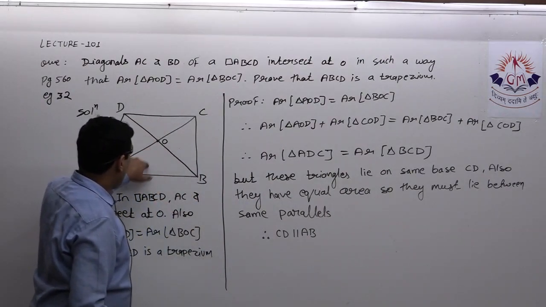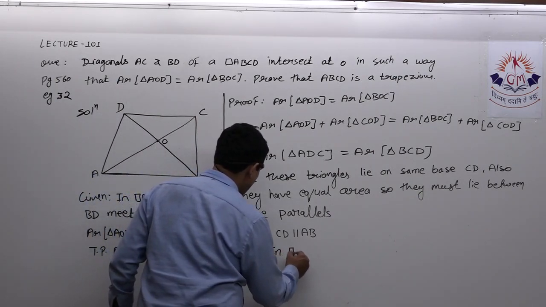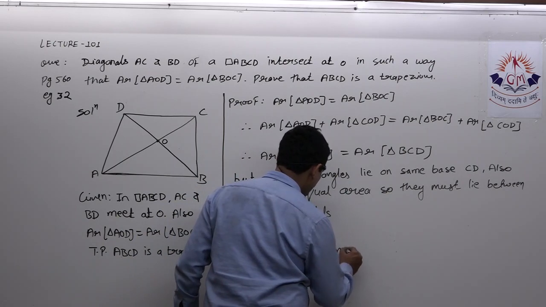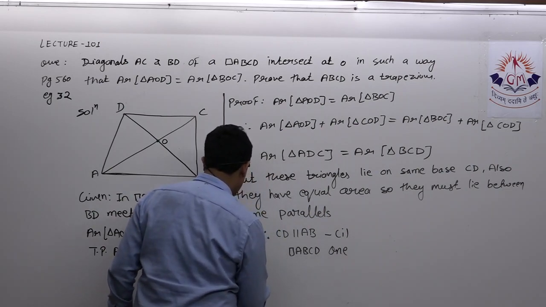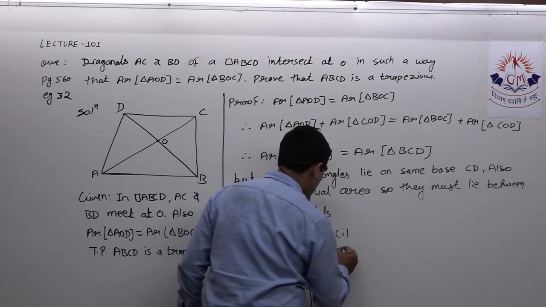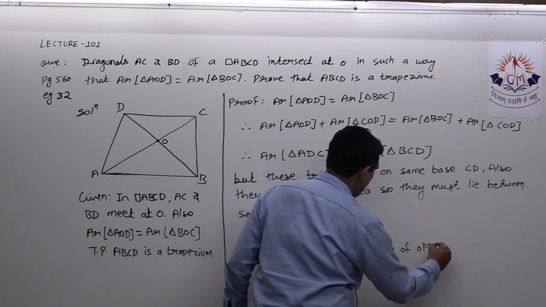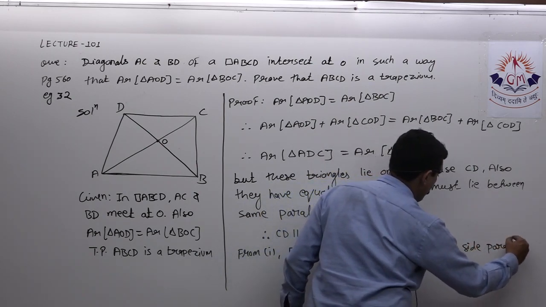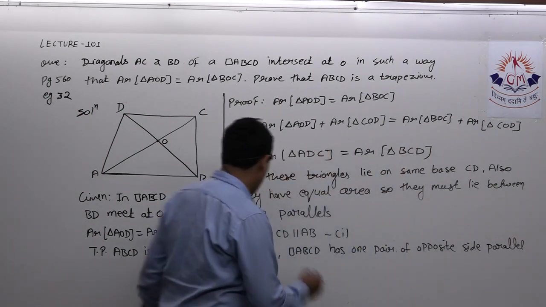Now in quadrilateral ABCD, it is better to write in this way: from the above, quadrilateral ABCD has one pair of opposite sides parallel.